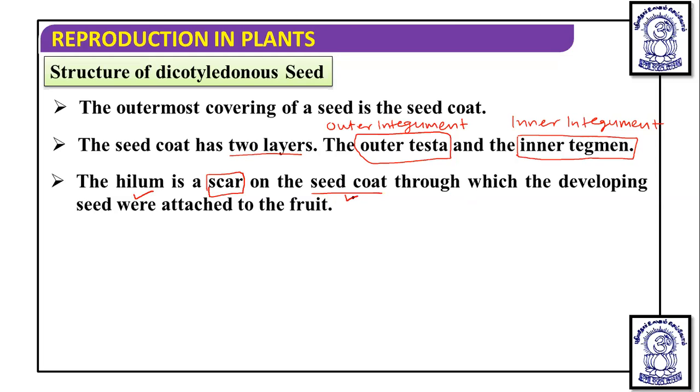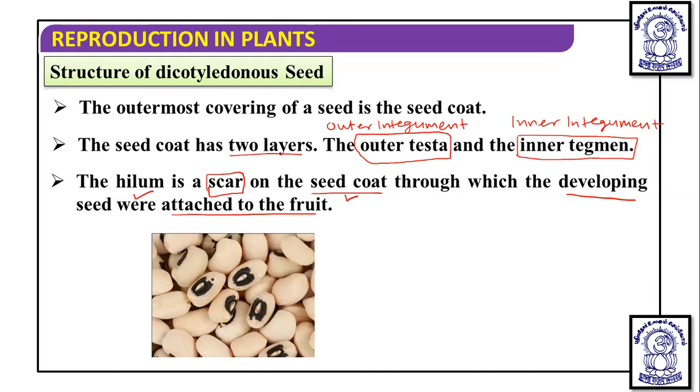Through this scar, the developing seed was attached to the fruit. If a seed is present within the fruit, through this scar it can be determined from which point the fruit is attached to this seed.